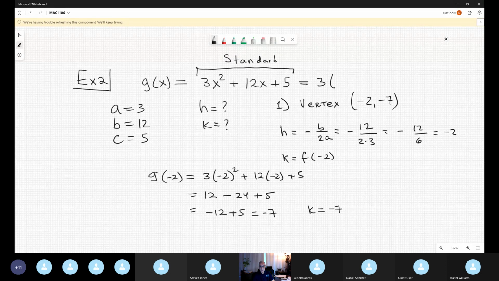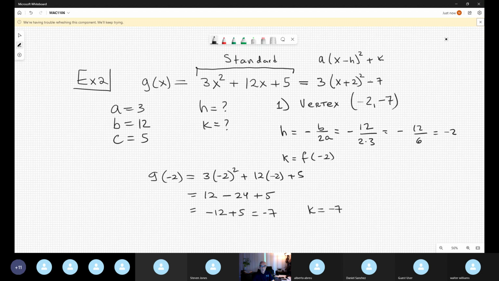Open parenthesis. Remember the format for a standard is A, X minus H, square plus K. Entonces, X, que es el variable, H is minus 2. Okay, plug in minus 2. Double minus become positive. Do you see that or no? Plus, or no plus, it's minus because plus and minus is minus.